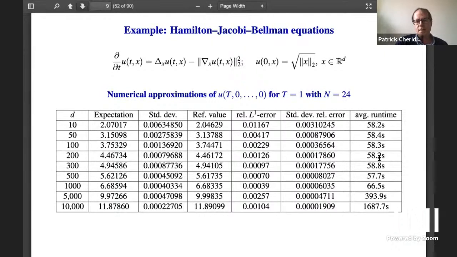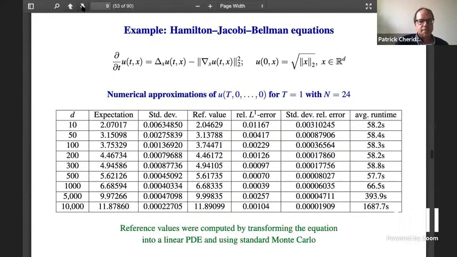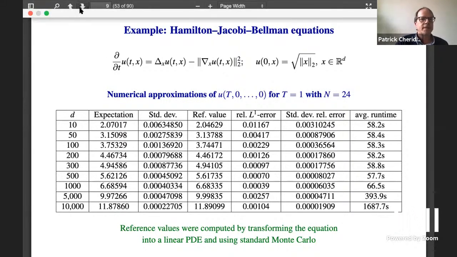The runtime in seconds remains manageable, even though we use GPUs to do the training here. As I already mentioned, we transform this equation to obtain a linear equation to be able to compute reference solutions to which we can compare. And in this column you see relative L1 errors of the solutions, which are very small.